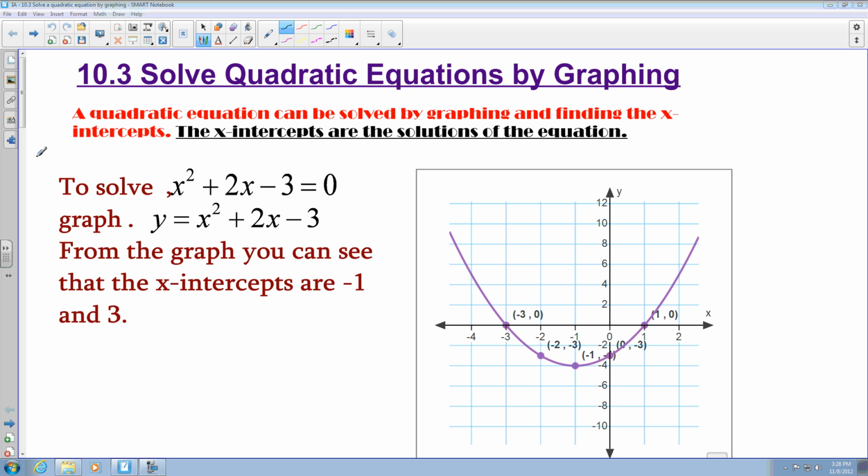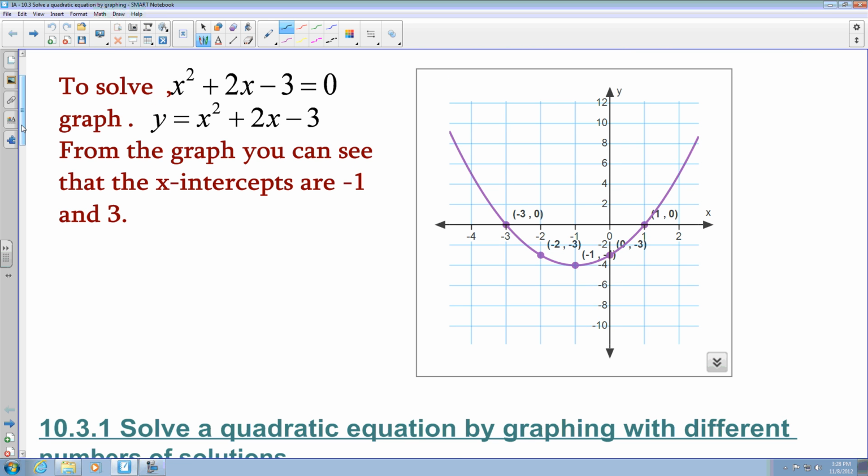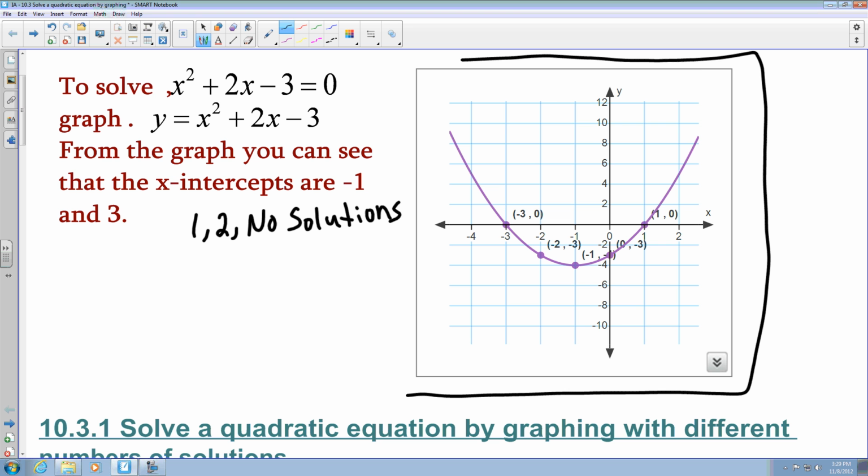Now, when it comes to finding our x-intercepts, we can have either 1, 2, or no solutions. The graph that I have to our right here is an example of x-intercepts that have two solutions.